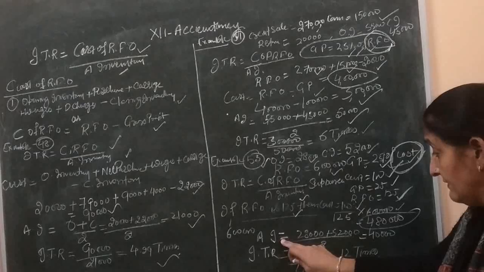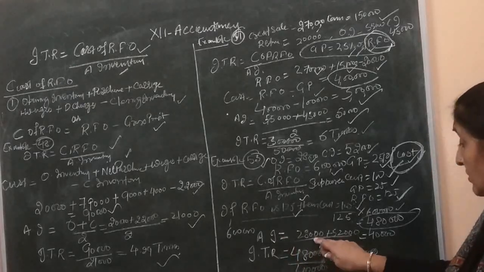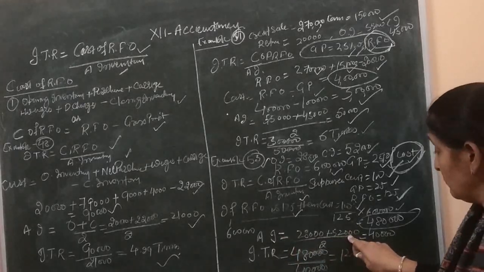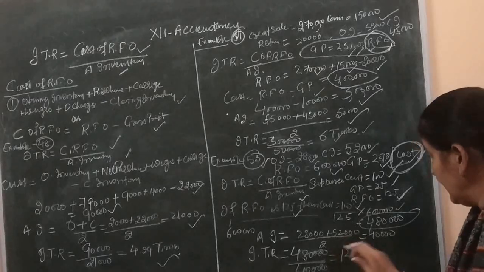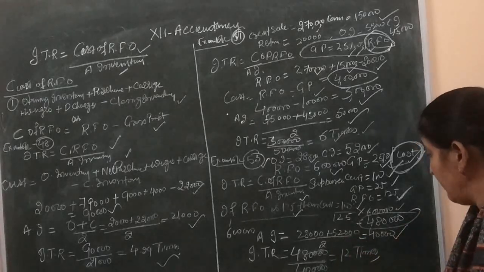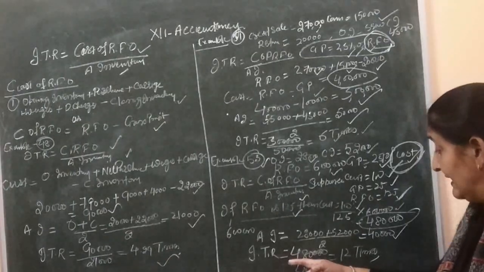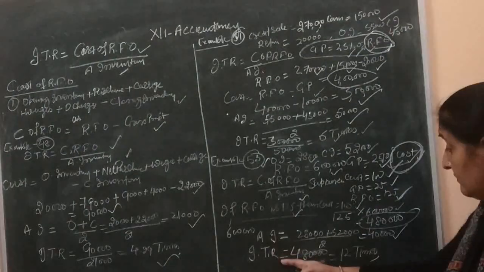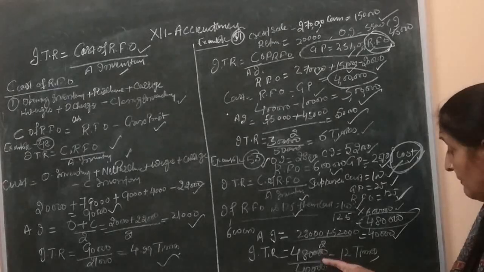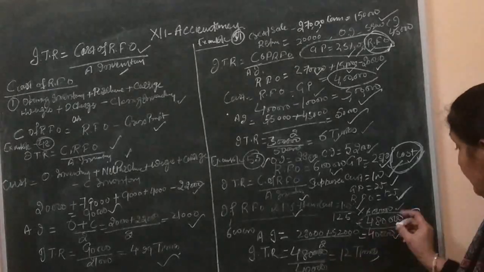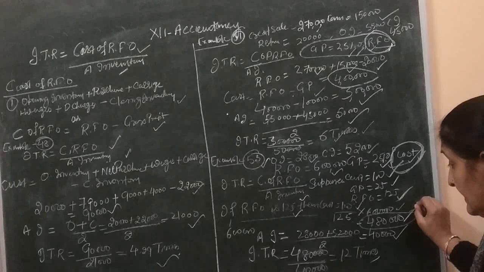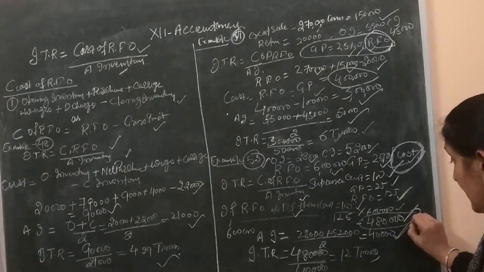Now the average inventory is 28,000 opening inventory plus 52,000 closing inventory divided by 2. Average inventory is 40,000. Now we can find the inventory turnover ratio very easily. ITR equals cost of revenue from operation divided by average inventory. The cost we found is 4,80,000 and the average inventory is 40,000.